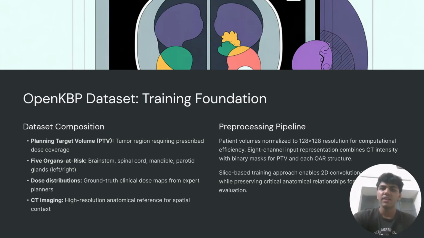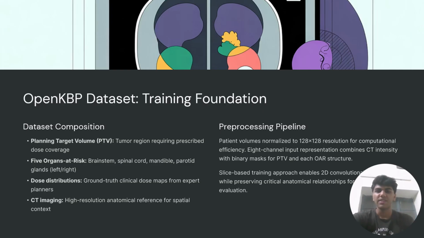The dataset also contains ground truth dose distributions, essentially the clinical dose maps created by expert planners, which serve as our supervision targets. And finally, it includes the CT imaging data, which provides high-resolution anatomical reference for spatial context.